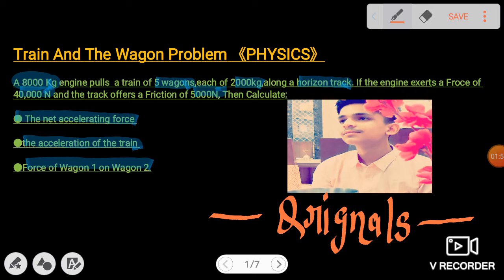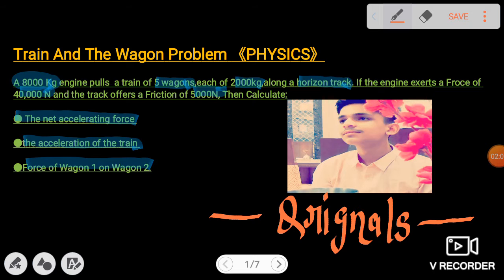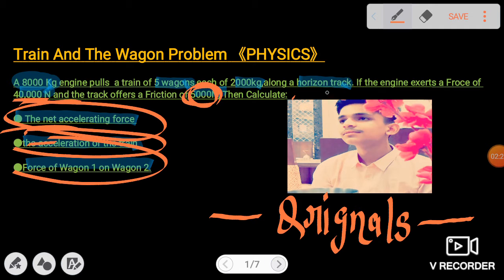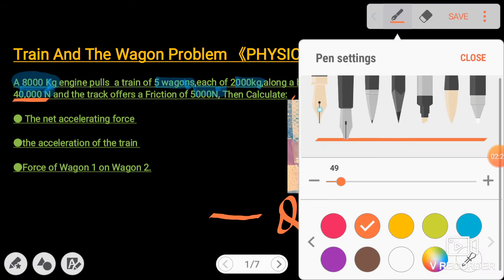There are 5 wagons of 2,000 kg, so each wagon is of 2,000 kg, right? And they are moving on a horizontal track. If the engine exerts a force of 40,000 Newton and the track offers a friction of 5,000 Newton, right? Okay, let's find all these three things. So let's move on to the question.